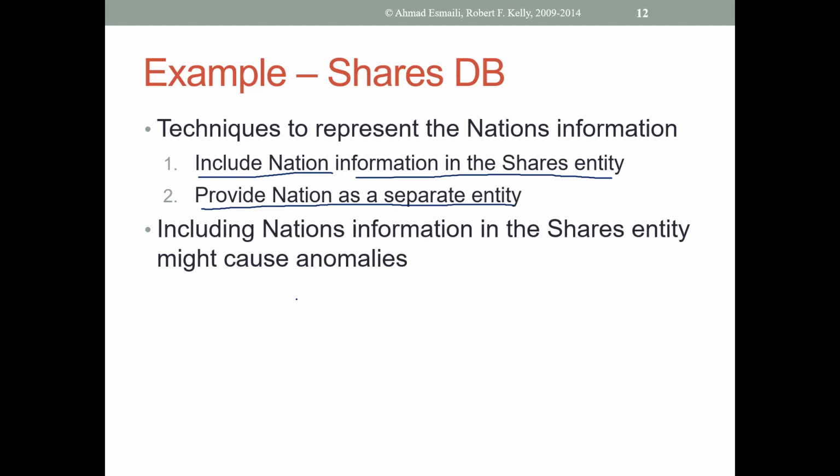We just had the share specific information: their code, their name, quantity, PE, and a few more, I don't remember exactly. But we did not have the country or nation information, like where exactly those are listed. But now we have additional information. We have the information about the country in which these shares are listed.